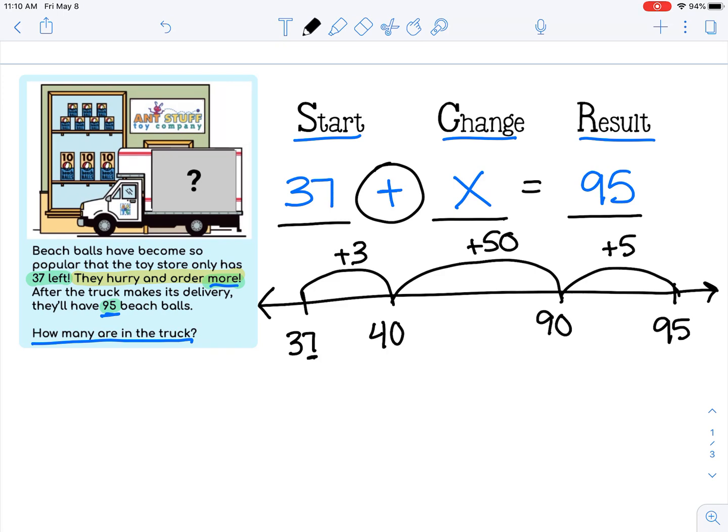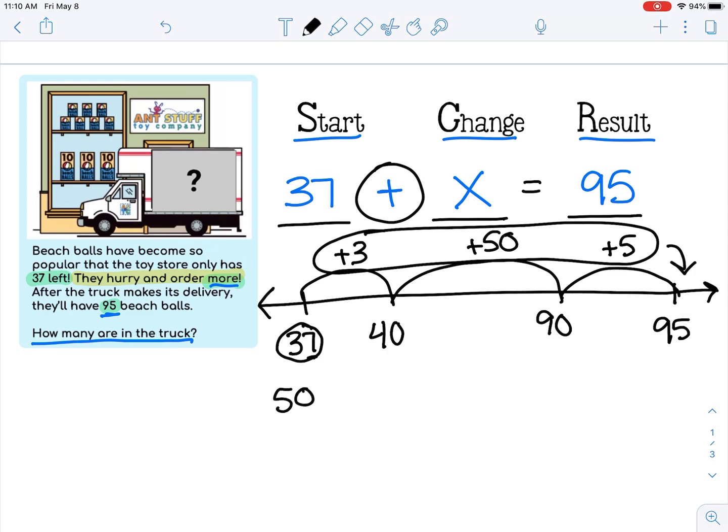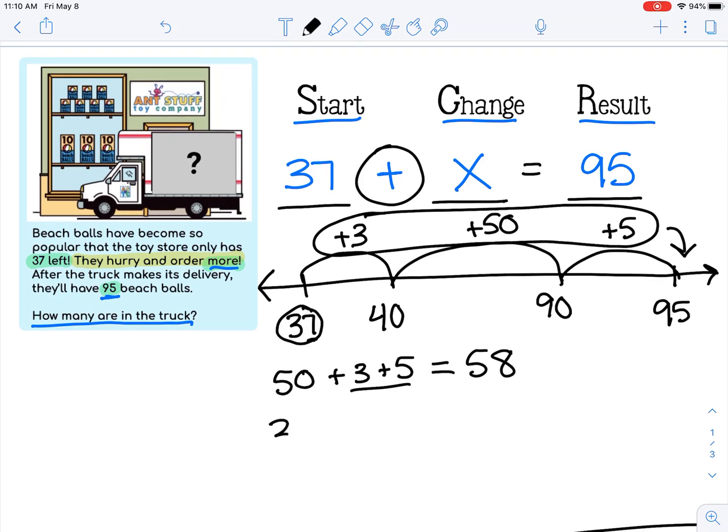Now, 37 plus this amount here equals 95. So now if I add those numbers up, 50 plus 3 plus 5, I know 3 plus 5 equals 8, so that equals 58. So then my answer is 37 plus 58 equals 95. X equals 58.